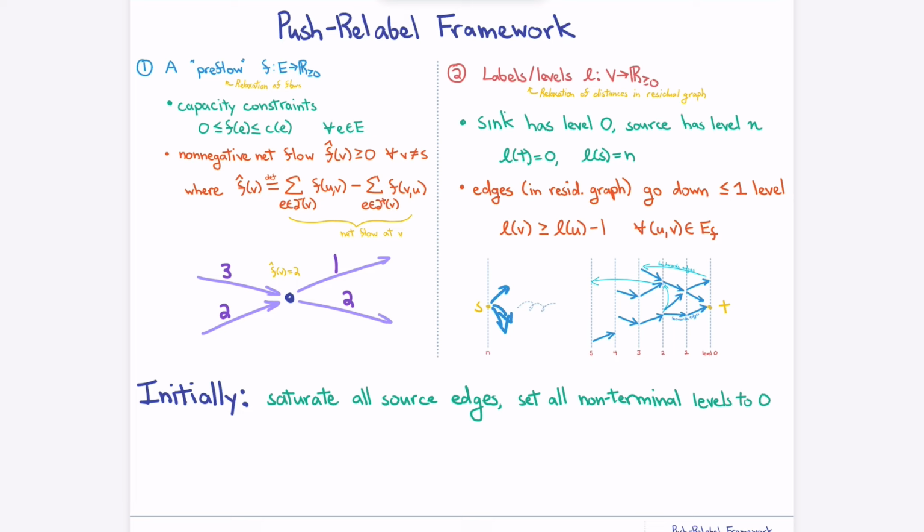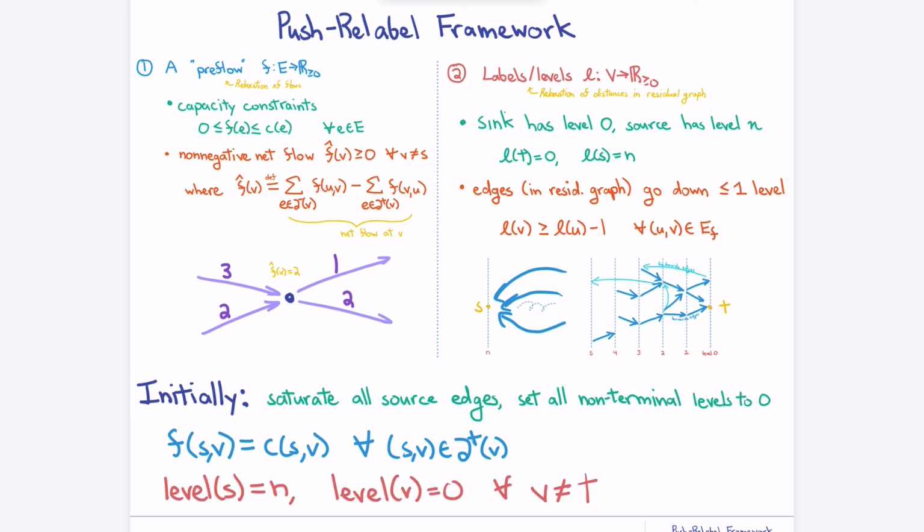In the residual graph, these will all be going backwards to S. There'll be no edges going out of S. And so you're not breaking any of your constraints. Initially, you're going to set all the other vertices to level 0.